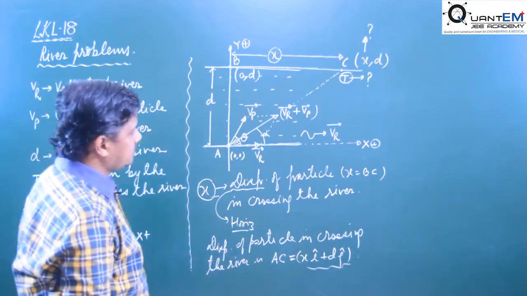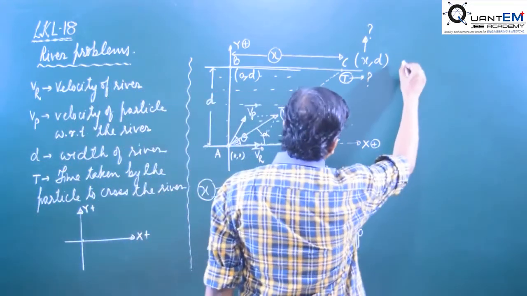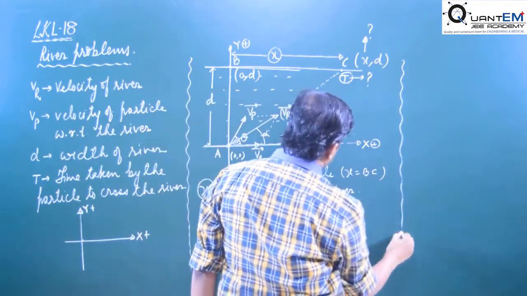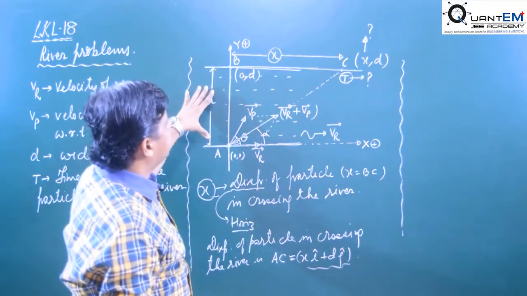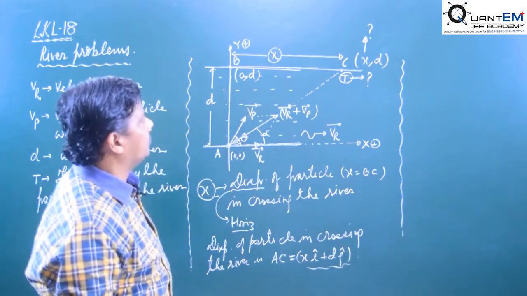X is the horizontal displacement in crossing the river, and vertical displacement in crossing the river is D, that has been given.